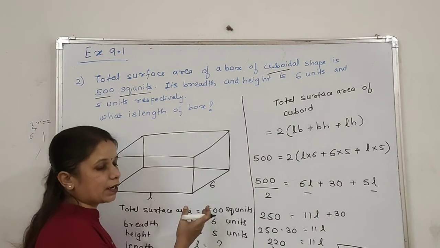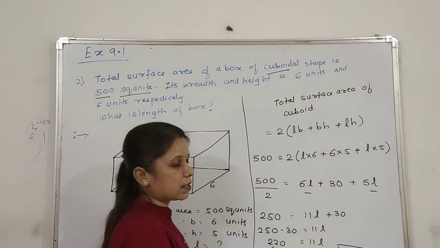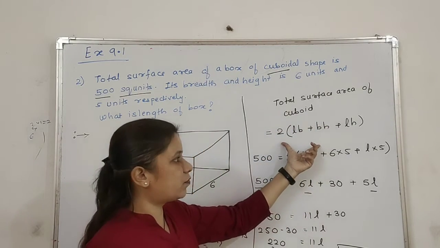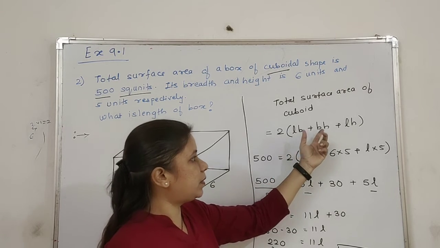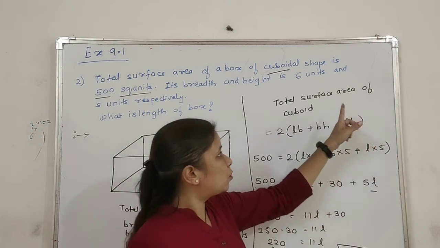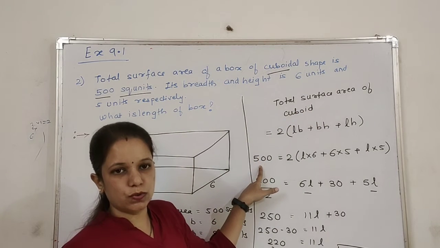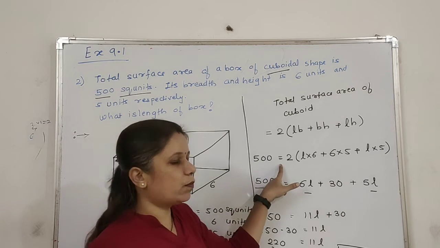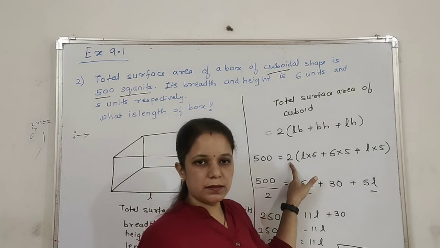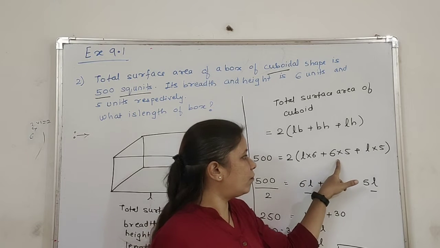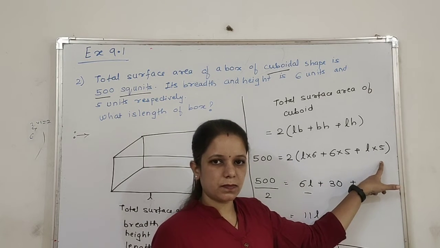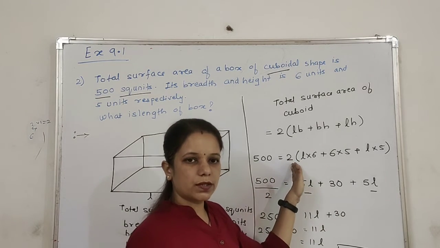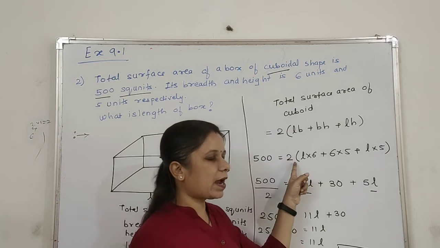Okay, calculation part, we will see it once again. Total surface area of cuboid, we have written the formula 2 times LB plus BH plus LH. Total surface area is given to you, so we will put the value here, 500 equal to 2 times, and we will put the values in the bracket. Now we will have to solve it. First we will take this 2 on the other side, it is multiplied here.